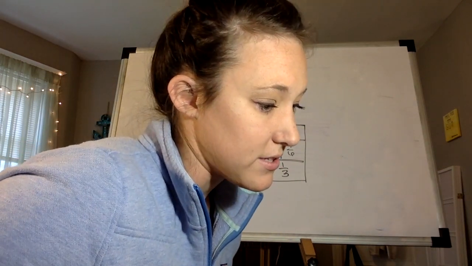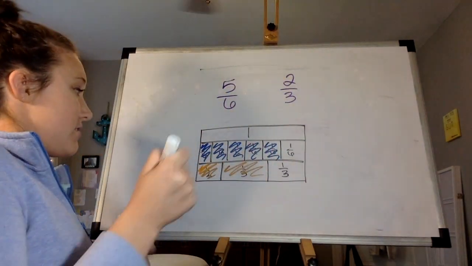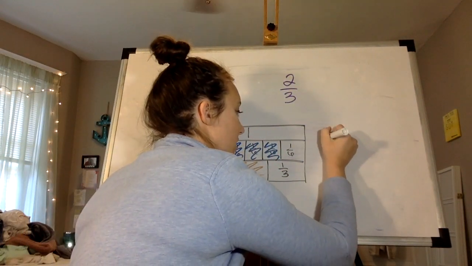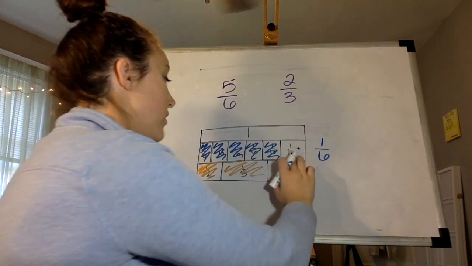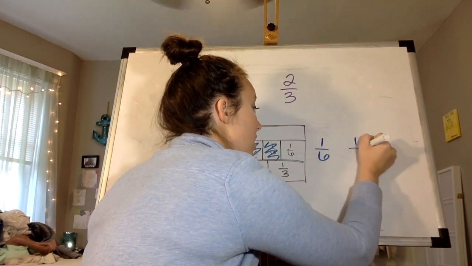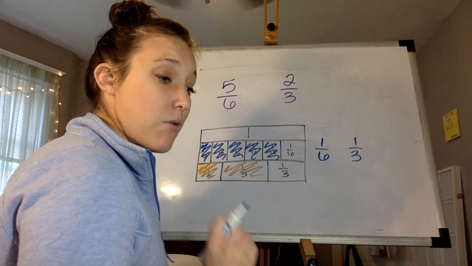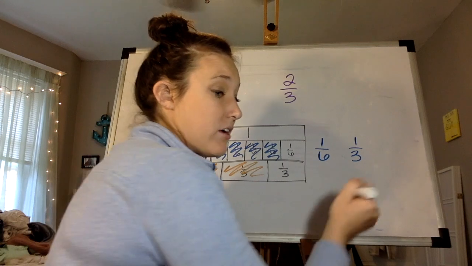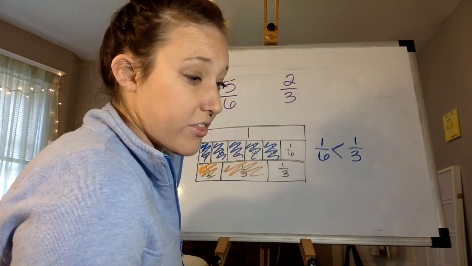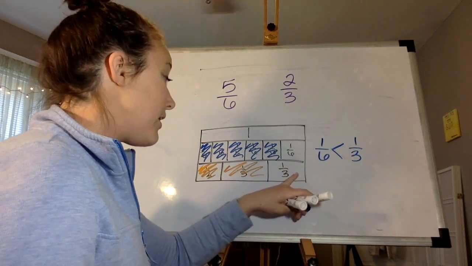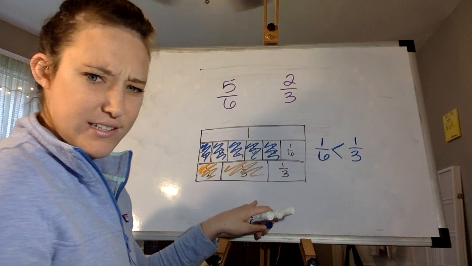Compare the missing pieces. Because 1/6, so now we're just going to look over here. 1/6 compared to my missing pieces, so my 1/6 compared to my 1/3, 1/6 is a smaller piece, okay? So because 1/6 is less than 1/3, a larger piece of 2/3 is missing. Do you guys see that?